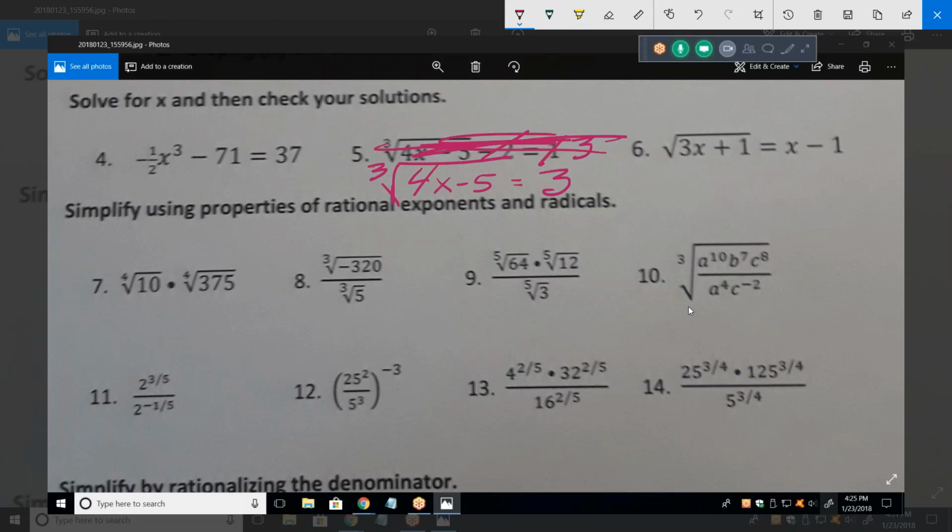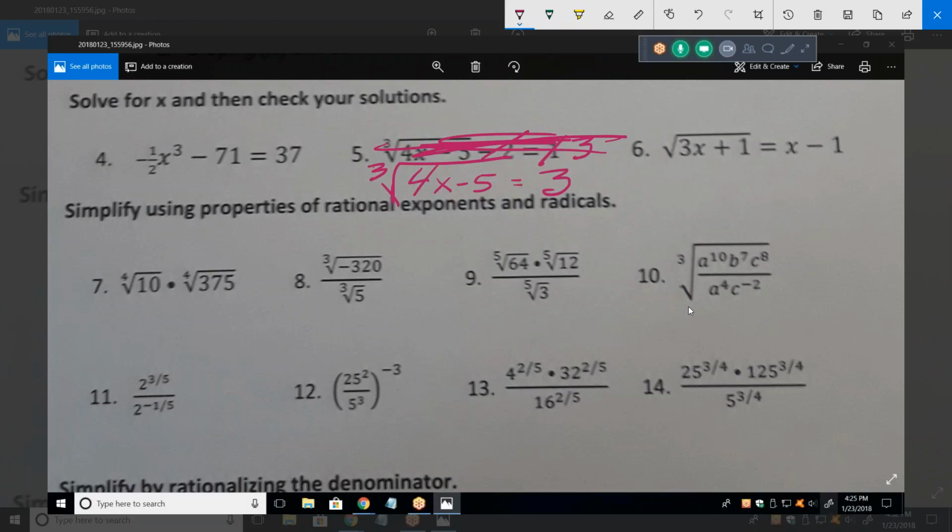How do I get rid of that radical sign? Multiply by 3, or the third. It's not multiplication that we're doing. It's exponentiation. That's higher than multiplication. You go addition, multiplication, exponentiation. So we're not multiplying this. We're cubing both sides.